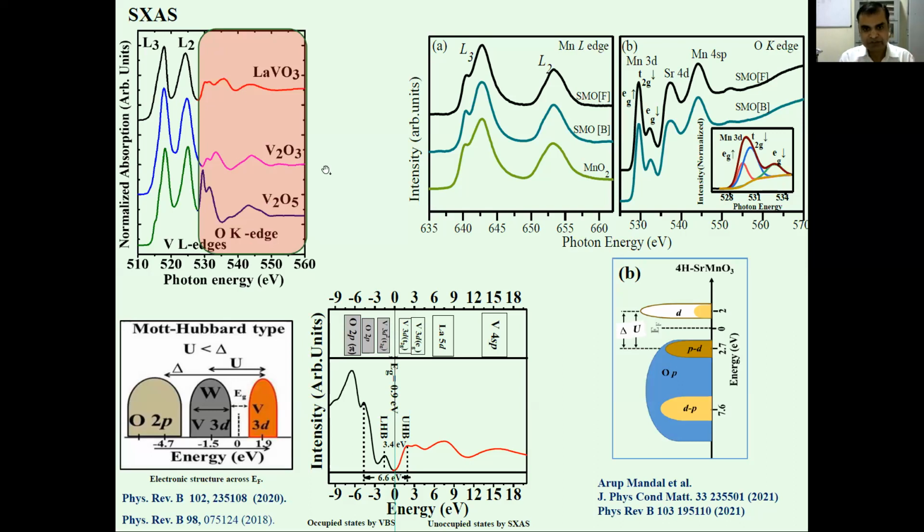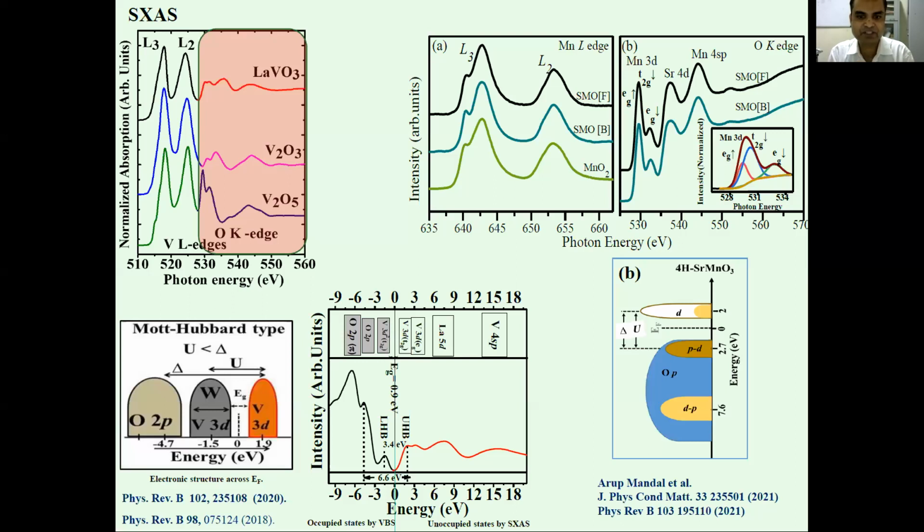Whereas in X-ray absorption, the electron is going from occupied states to unoccupied states, and we are probing at what photon energy the electron goes to the unoccupied states.